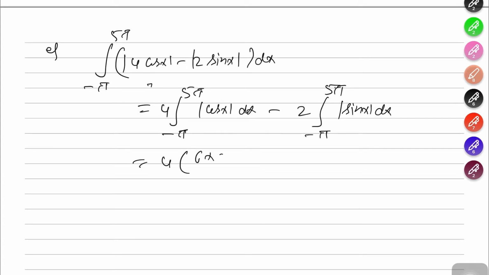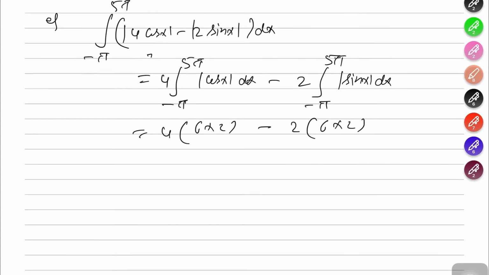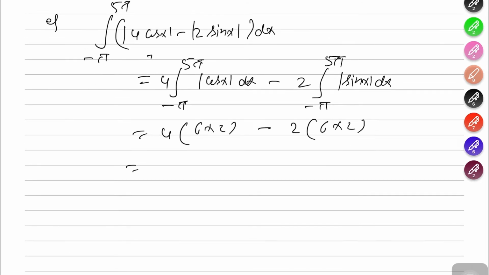Now we know that this is 4 into (5 minus minus 1, that is 6) into 2, minus again 2 into (5 minus minus 1, that is 6) into 2. Okay, so the answer is 48 minus 24, that is 24. That is the answer.